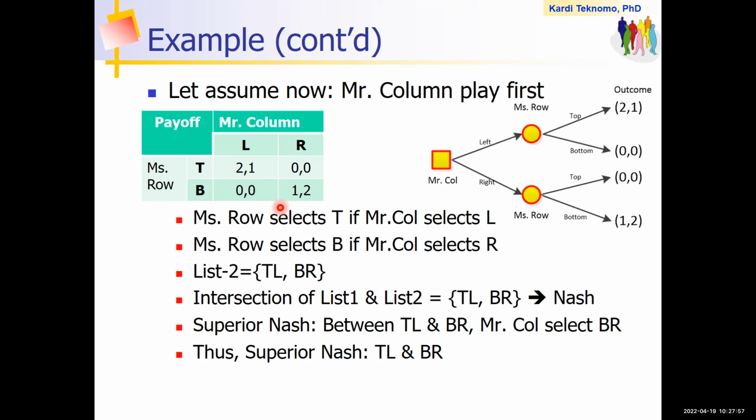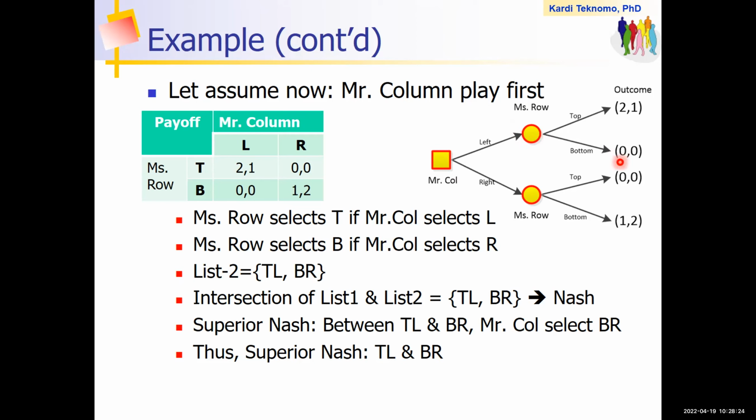Next, the other way around. Let's assume now Mr. Column will play first, with the same payoff matrix. Now we draw a different diagram here. Mr. Column will play first and then Miss Row. So if Mr. Column plays left, what will Miss Row do?